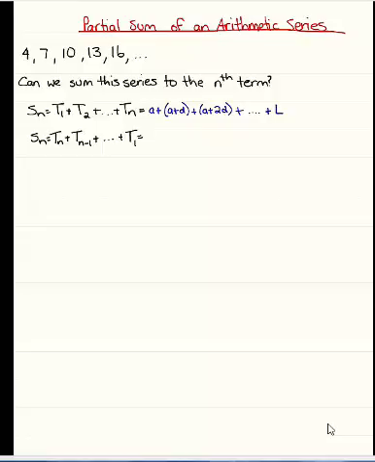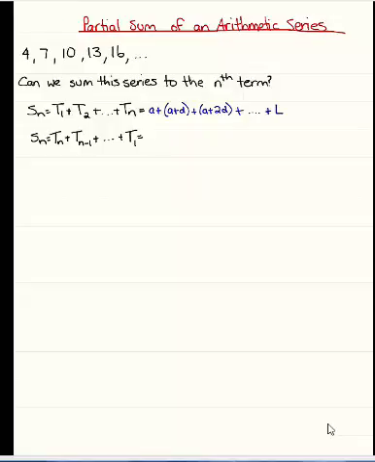But if we think about it from the opposite direction, the sum to n is Tn, which is the last term, plus Tn minus 1, the second last term, plus Tn minus 2, the third last term, all the way back down to T1.